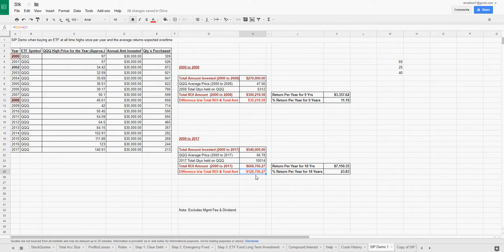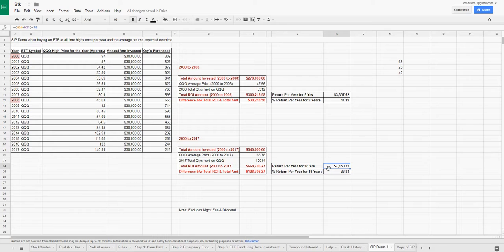You can calculate this number in different ways, but this could have been even more. I would have got an even higher return had the price points that I purchased at varied. Maybe I would have bought at a low, but I am still showing you the price where I purchased it in each year at the highest level. So with that itself, I still managed to get a return of 128k for the entire 18 years, and the amount per year came closer to $7,000 for a 30k investment every year.